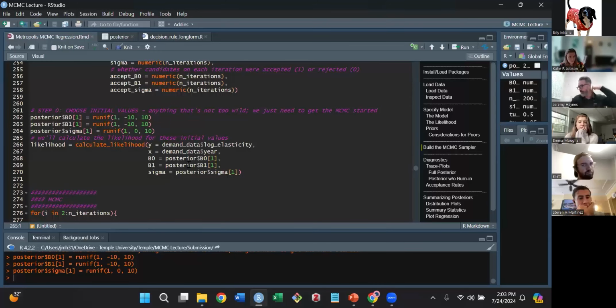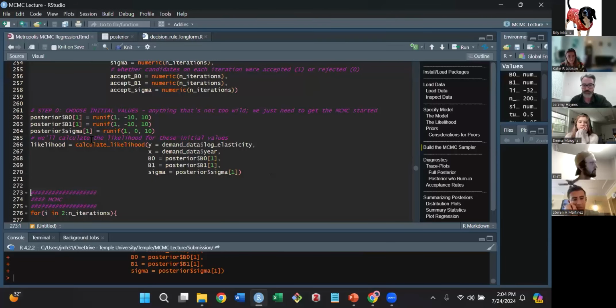And then to make our code a little more efficient, we'll just calculate the likelihood of those initial parameter values. This is using that calculate likelihood function. Here, I'm passing the data that we want our probabilities for, given our parameter values. And remember to use that slope coefficient. We also need our predictor value, so this is the years using fentanyl.